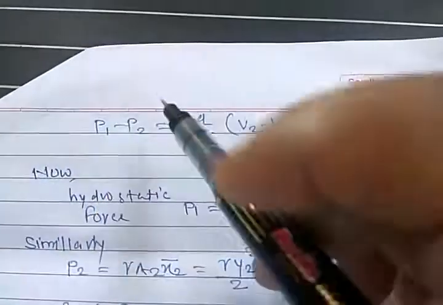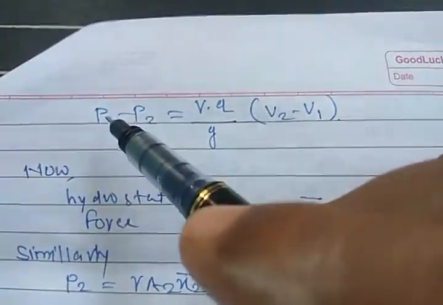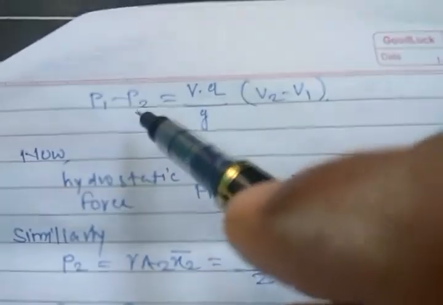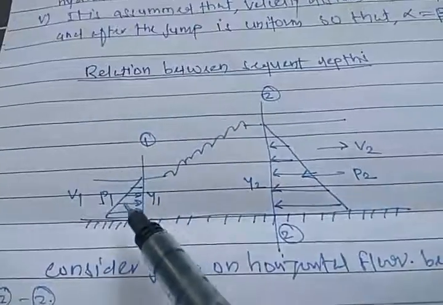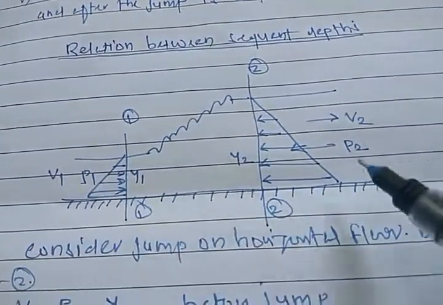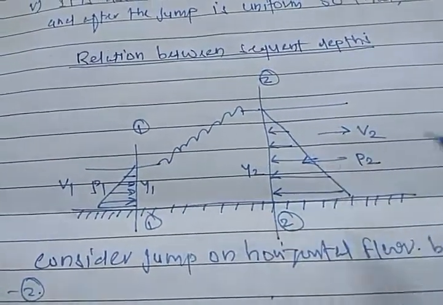So the forces considered are P1 minus P2. P1 is in the forward direction, in the direction of flow, and P2, hydrostatic pressure, is in the backward direction. But no other force is considered.